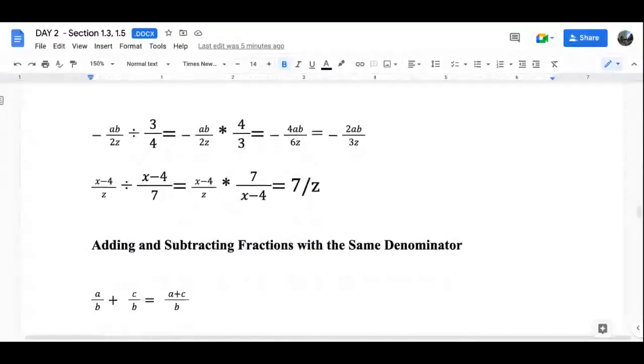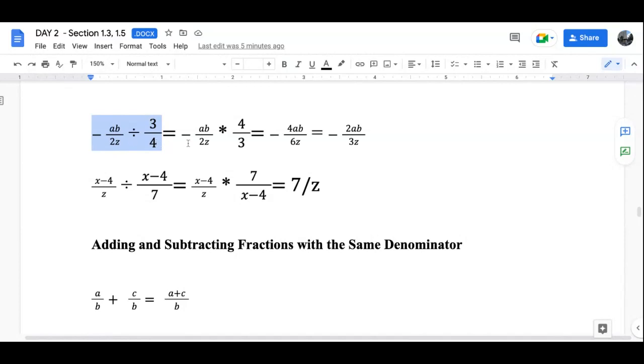Let's see this one. Negative ab over 2z divided by 3 over 4. Negative divided by positive stays negative, so we keep this negative sign. ab over 2z, we keep it. We change division to multiplication. We flip 3 over 4 to be 4 over 3.